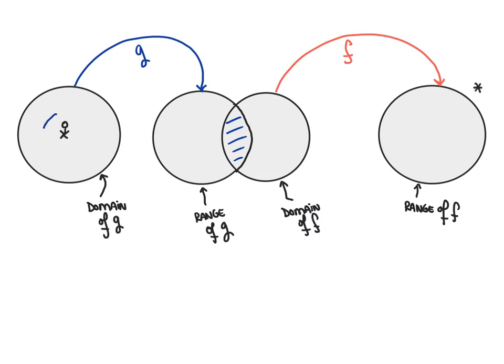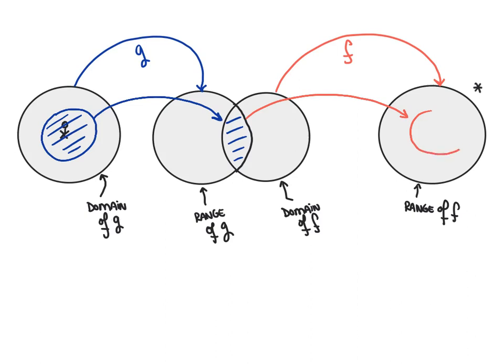So there's only going to be certain people that can do that, certain inputs that can do that from the domain of g. It's going to be a smaller section that will actually be able to be dropped off in this intersection. And then that intersection would then be brought to the range of f, and it'll live in some smaller set within that range.